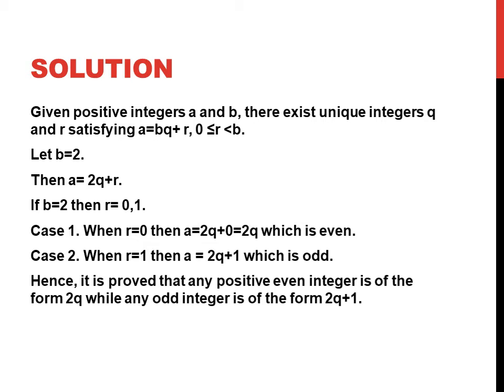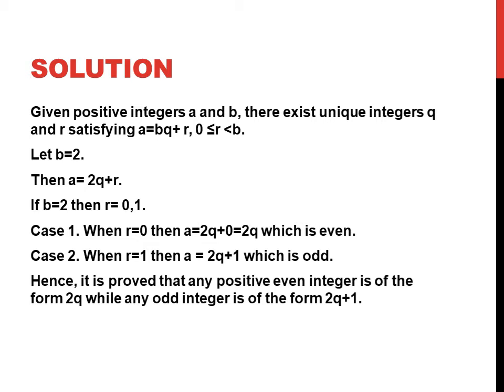Here is the solution: given positive integers a and b, there exist unique integers q and r satisfying a equals bq plus r, where r is greater than or equal to 0 and less than b. This is the Euclid division lemma.